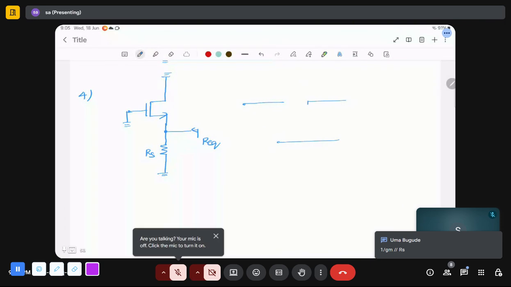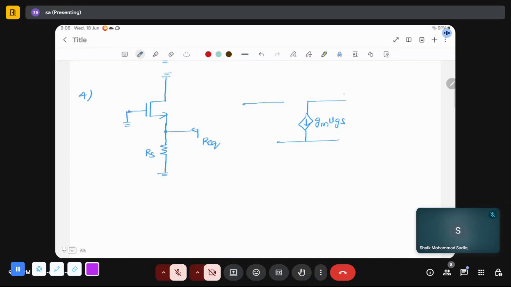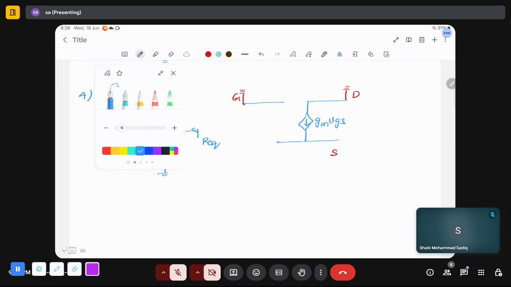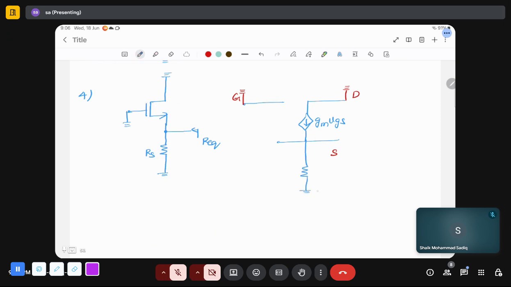Drain to source, there will be a current flowing GM VGS, and drain is connected to ground. Gate, drain, source. Drain is connected to ground, gate is connected to ground, and at source you have some resistance, let me just call it RS.